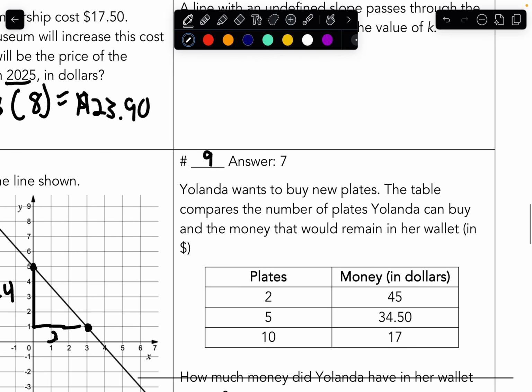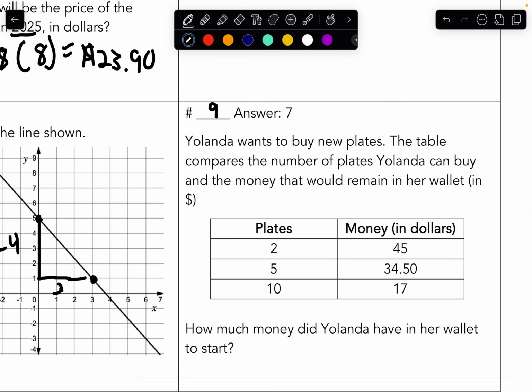Yolanda wants to buy new plates. It's a continuation of the previous problem about Yolanda. The table compares the number of plates, and 2 plates, 45. How much money does Yolanda have in her wallet?